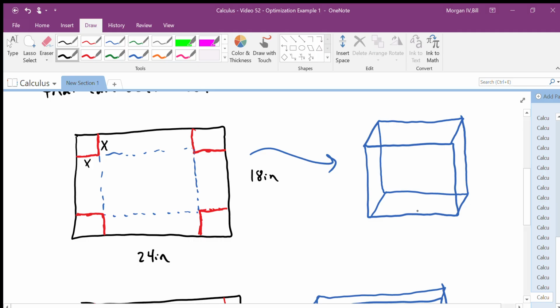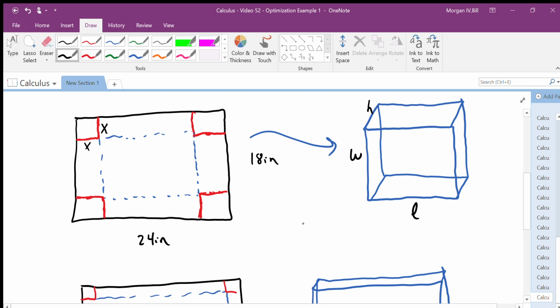There it is. We've got the length here, we've got the width here, and we've got the height, say, here. It flips around sometimes on you if you just stare at it. All right, so length, width, and height of the box. So volume, we know, is length times width times height.